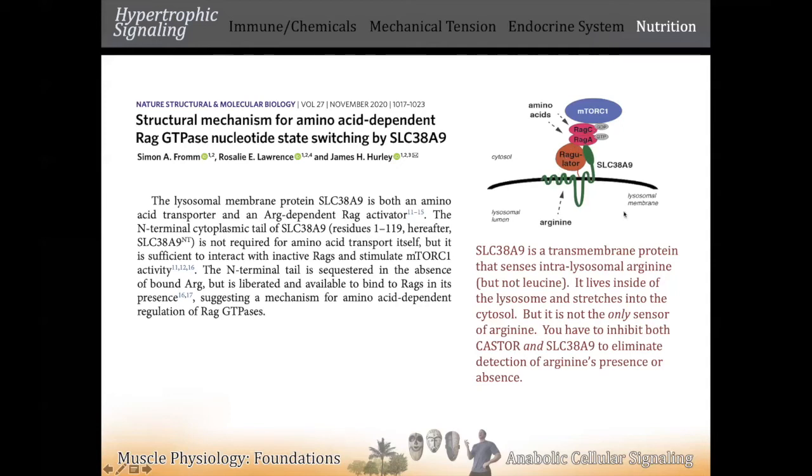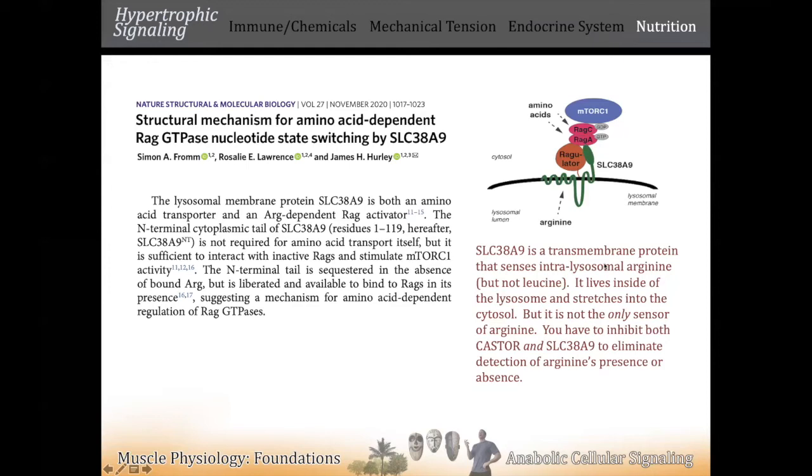If you deprive a cell of lysine, you see a poorer interaction here, sort of the mobilization of mTOR with this particular mechanism.